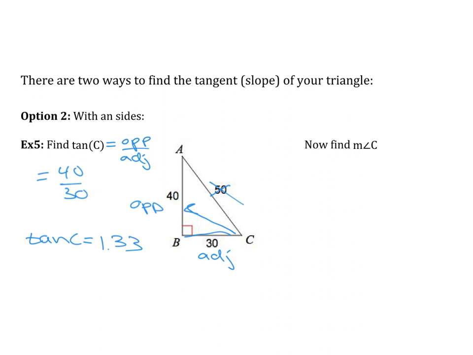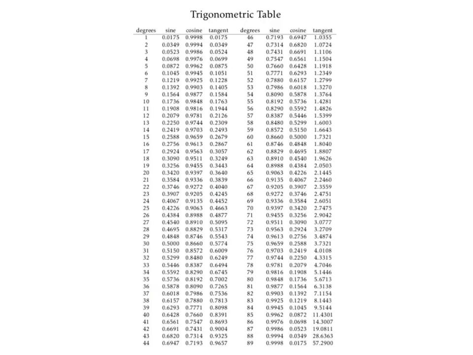We're going to go ahead and use that ratio now to help us find the angle. So again, like the last example, I'm going to identify the column for the tangent function, and I'm going to go down until I see a value of 1.33 and then go out to see what angle it corresponds to. Since my ratio is 1.33, I know that's bigger than 1, so my angle has to be bigger than 45 degrees.